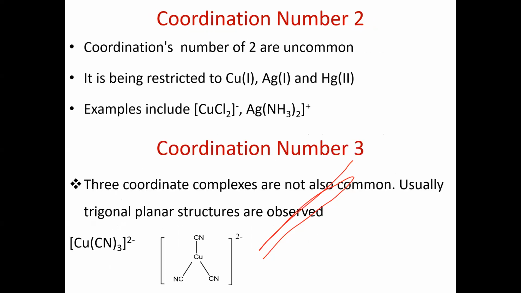This is ML3 now. Have you seen it? This is trigonal planar. Can you see it? So this is your trigonal planar. This is your ML3. Are you okay now?